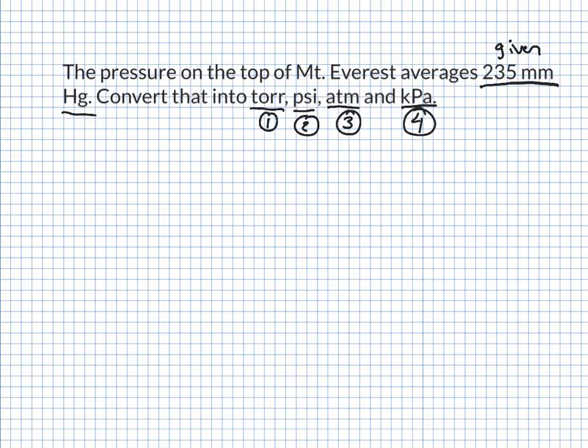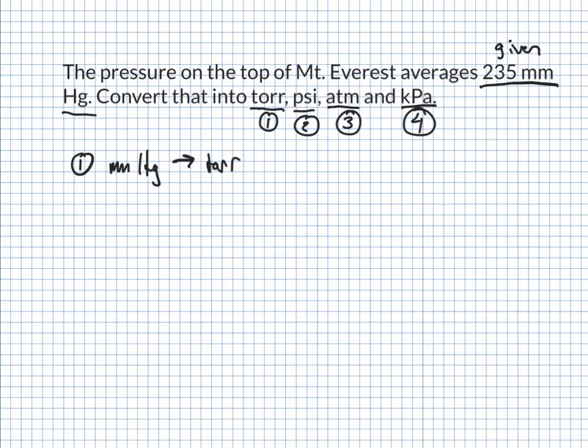Now, Mount Everest is typically considered to be the tallest mountain in the world, so it makes sense that it would have a very small atmospheric pressure. That 235 millimeters of mercury makes sense. So let's go ahead and do these problems. Number 1, going from millimeters of mercury to torr.